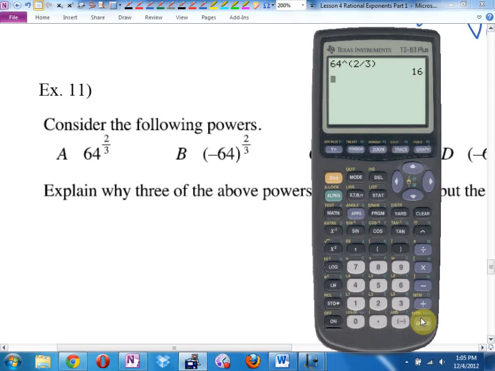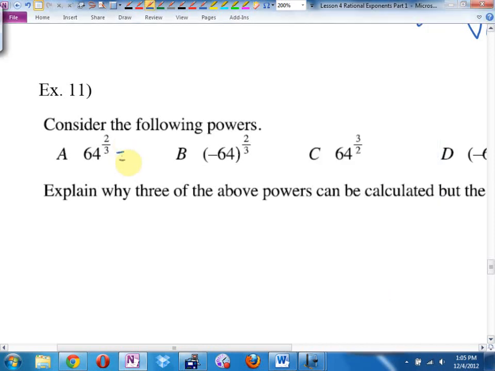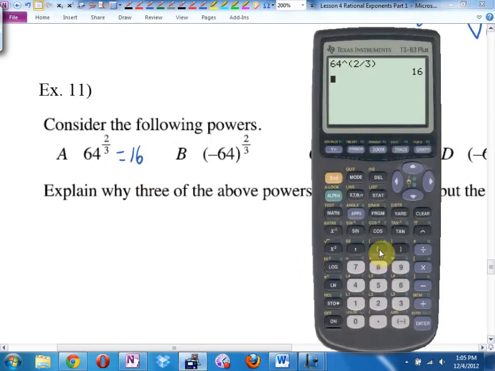So what's the answer to A? What's the answer to B? Well, to do that one, I would go bracket negative 64, close bracket, to the power of bracket 2 divided by 3, close bracket. And I get also positive 16.